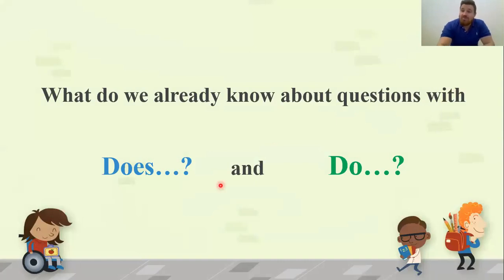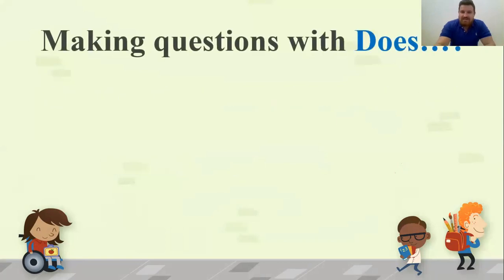All right, so let's quickly look. What do we already know about making questions with does and do? All right, so we're quickly going to review what we did yesterday or in the last lesson. Okay, so making questions with does. Now, how do we make questions with does?